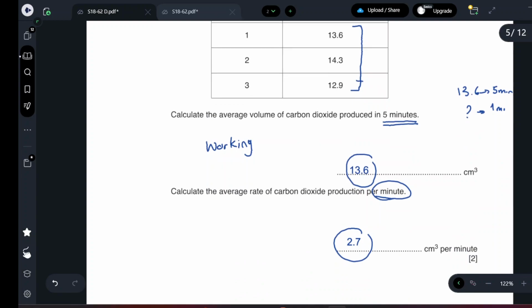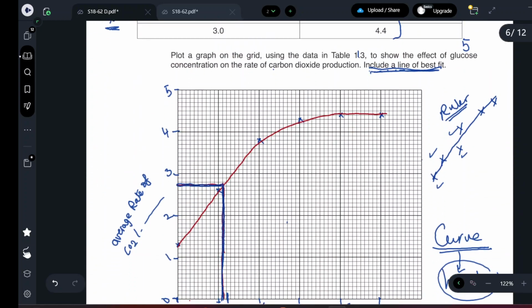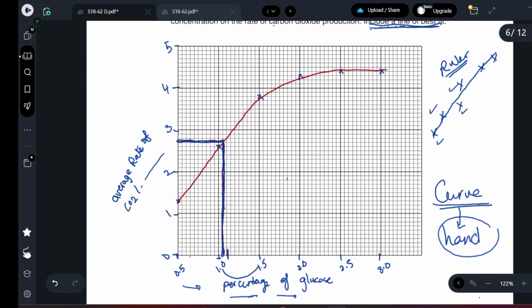However, he told you that the experiment gave out 2.7 carbon dioxide per minute. So from your graph, you can get the glucose concentration. You will reach the 2.7 point, which is the carbon dioxide, and then move until you meet your graph and go down.